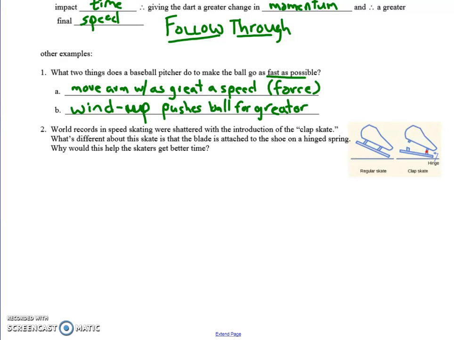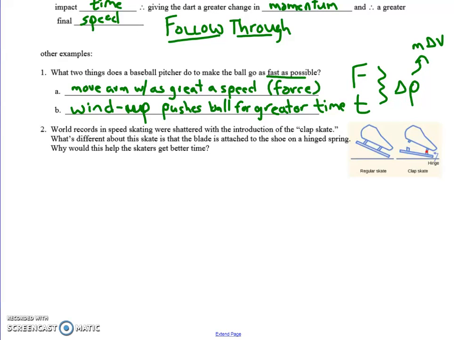You don't just flick your arm when you want the ball to go fast. You move it over a great distance, which means you're pushing it for a large period of time. So we have a large F, we have a large t, and that goes to a large change in momentum of the ball, which translates to a large change in velocity. The mass is staying the same.